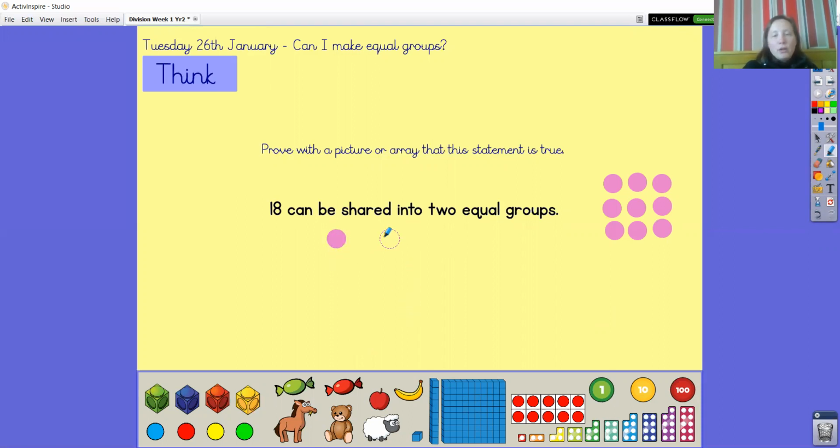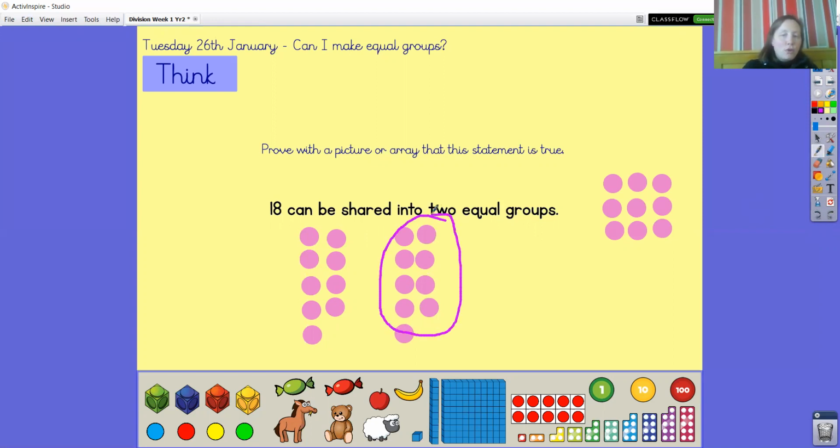So I've got 1, 2, 3, 4, 5, 6, 7, 8, 9, 10, 11, 12, 13, 14, 15, 16, 17, 18. So I've just drawn a picture here because remember an array, there's one group and there's another group.